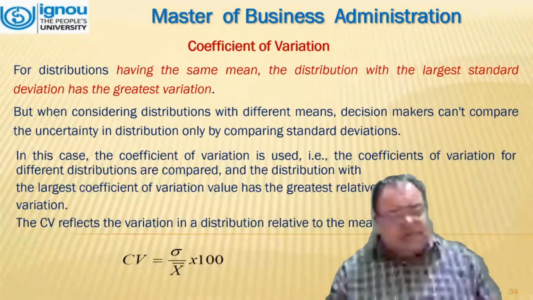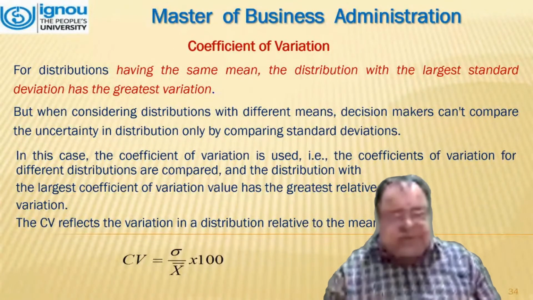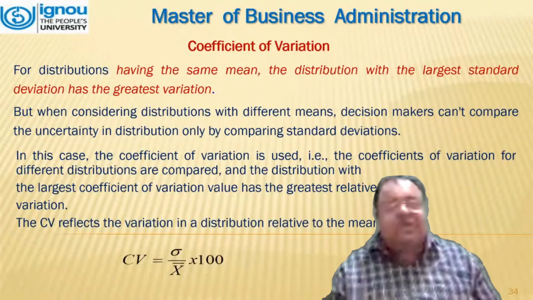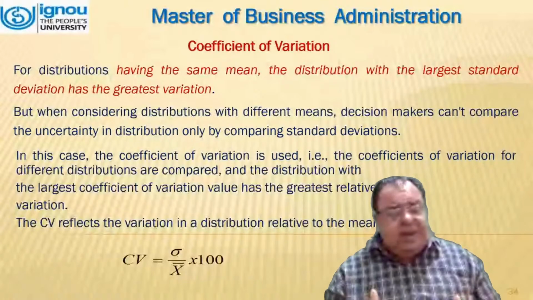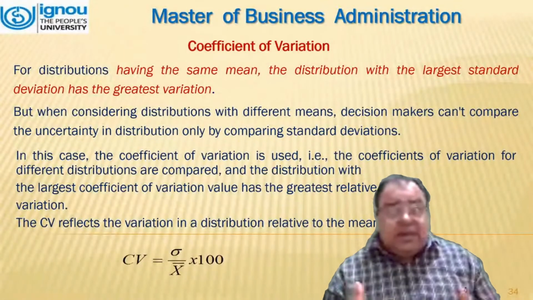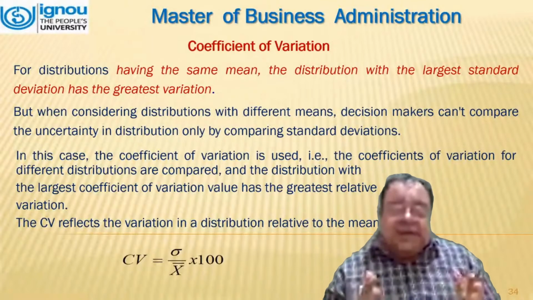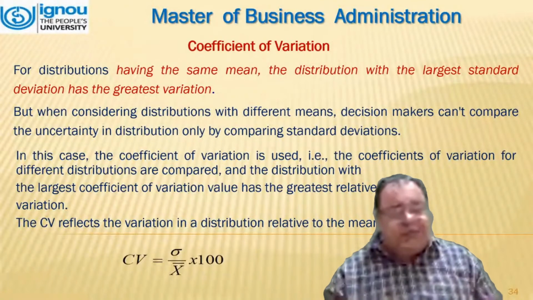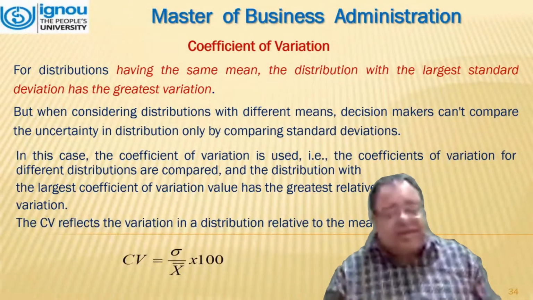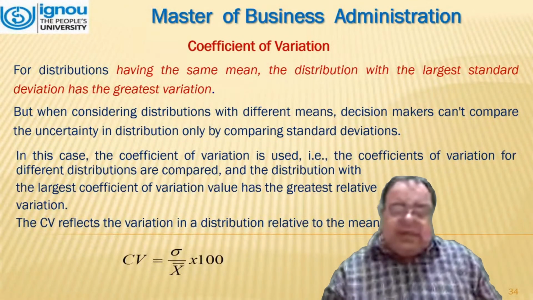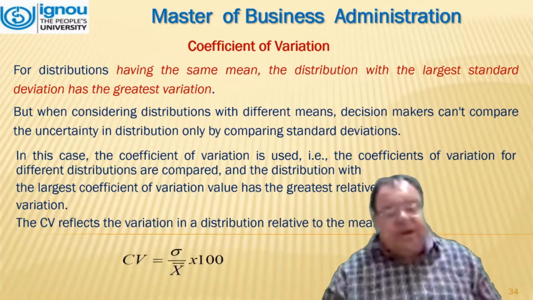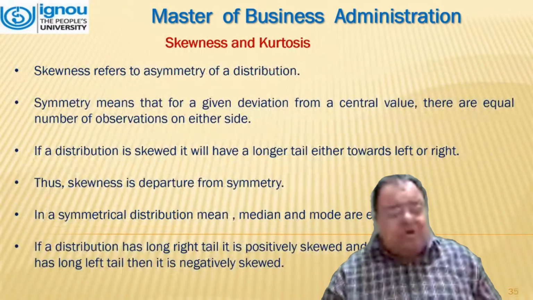In this case, the coefficient of variation is used. The coefficient of variation for different distributions is compared, and the distribution with the largest coefficient of variation value has the greatest relative variation. But I'm talking about its application. CV is basically found out by SD by x bar into 100.